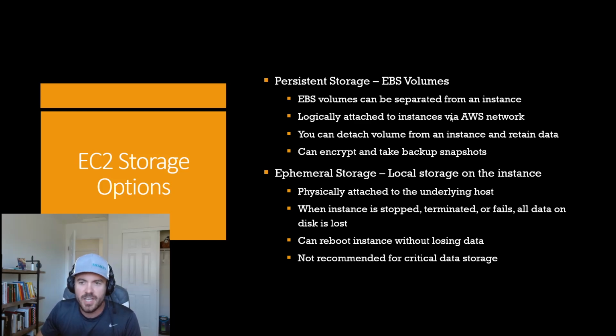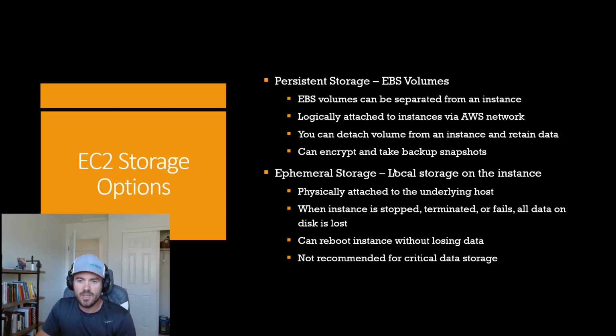But they're logically attached to instances via the AWS network, so they take care of all that for you, which is nice. You can, like I said, detach a volume from an instance, retain that data, and put that volume onto another instance, or reattach it to the same one later if you want. And then you can encrypt your volumes, and you can also take backup snapshots. All right, so very secure, very durable.